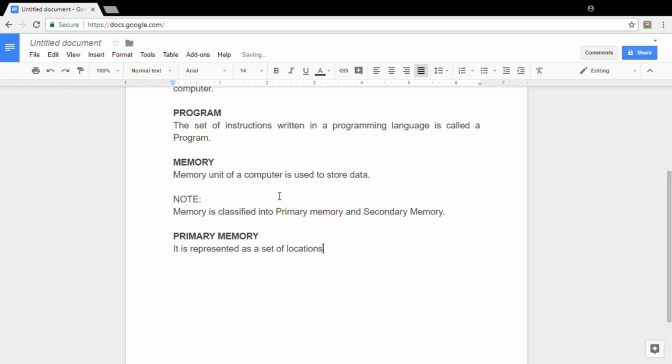It is represented as a set of locations. And here each location would be occupying 8 bits. And each bit has a unique address. And also data is stored in machine understandable binary form in these memory locations, which we discussed above.